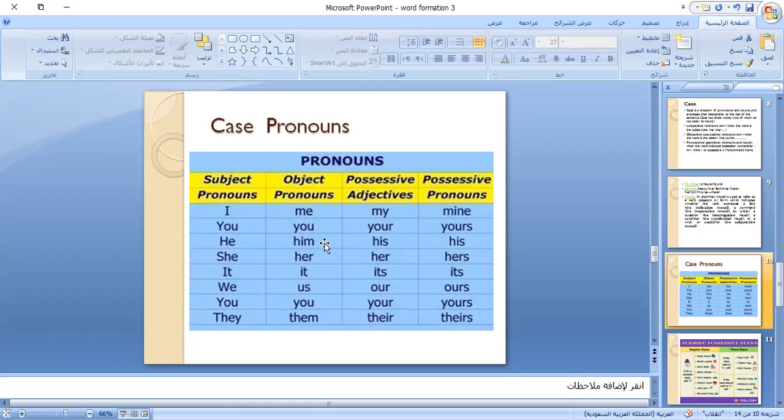I look at her. You see, even between he and him, we have gender. Between him and her we have gender. For a female we use her, and for male we use him. It is neutral, no gender. Us also, there's no gender. You, no gender. And them, no gender.